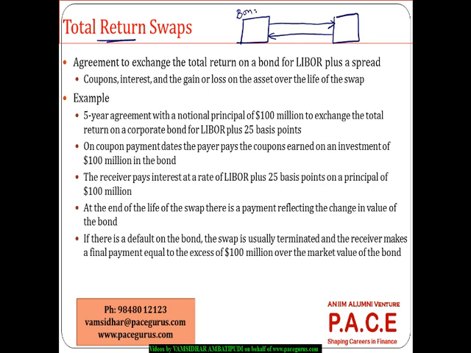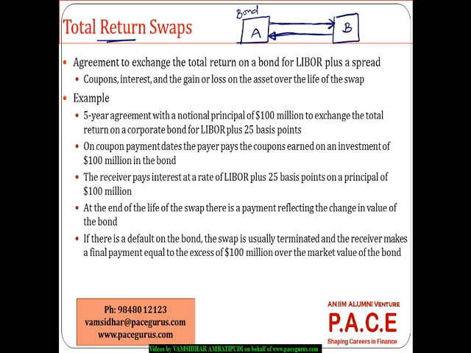All the returns that come on the bond, which could include the coupons or even the capital appreciation, gain or loss, whatever is associated with that bond, I will pay to one party, and this party would pay some predefined amount, either a fixed rate or a LIBOR-based variable rate. This kind of instrument is what we call a total return swap.